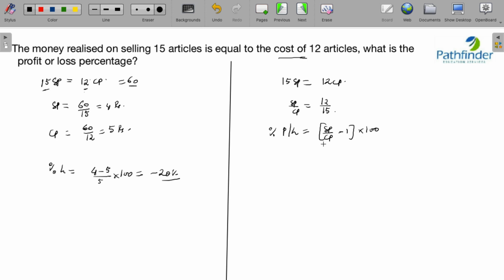We have just derived this formula, right? This is nothing but an extension of the formula for profit and calculation of profit percentage. We already have the ratio of SP and CP, that is 12 by 15. So I will substitute 12 by 15 minus 1 into 100, which will again give me minus 20% as the answer.